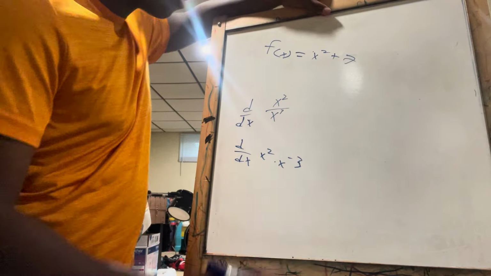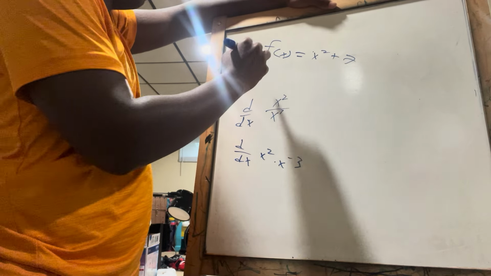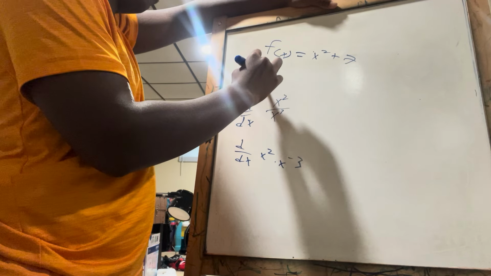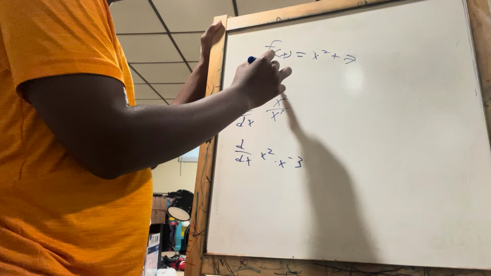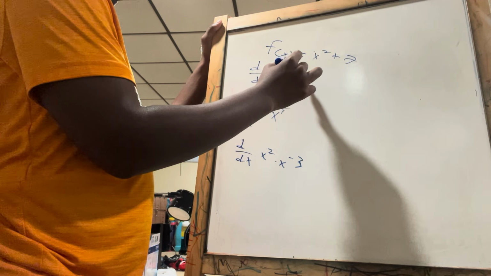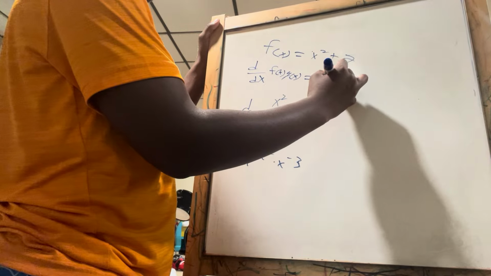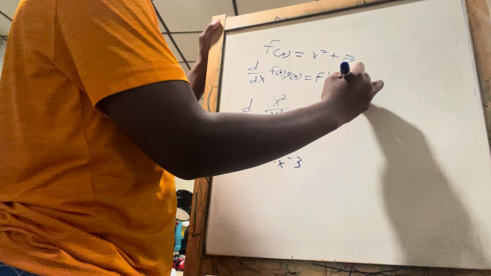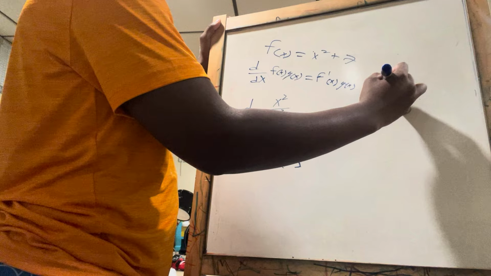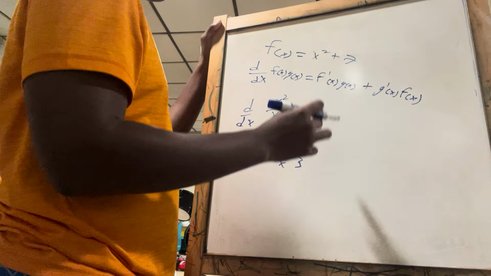product rule. And product rule, in this case, would be if you were doing the product of, let's say, f of x times g of x, it would be the derivative of f of x times g of x plus the derivative of g of x times f of x.